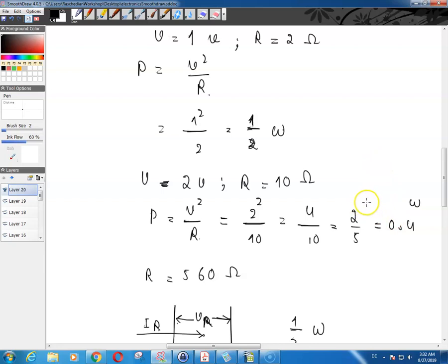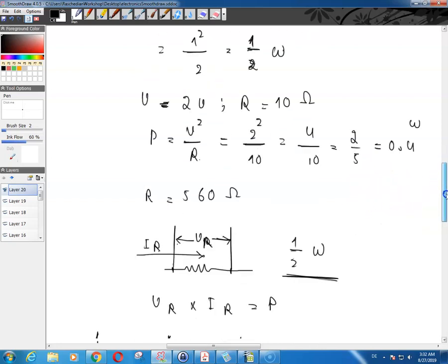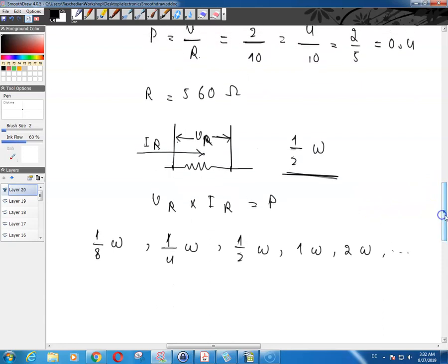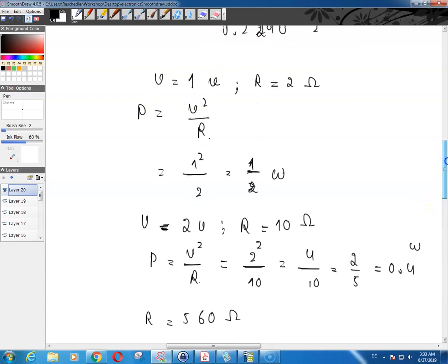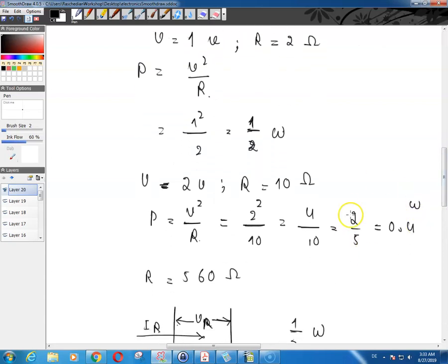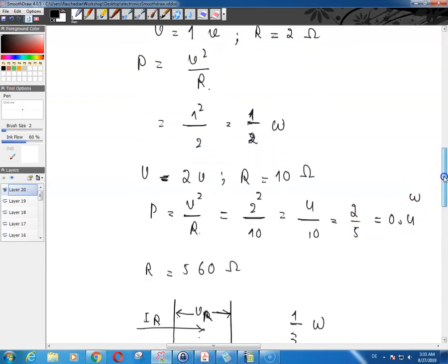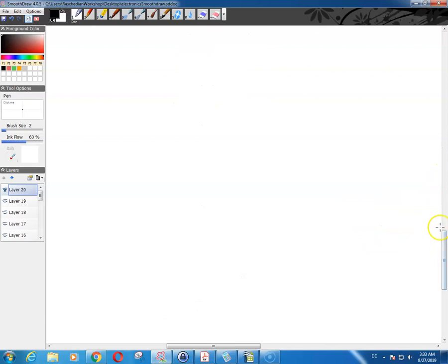And the resistor that you choose here, I think there was some circuit over here. So that's a 1/2 watt resistor, for example, for this circuit. So that is basically that.